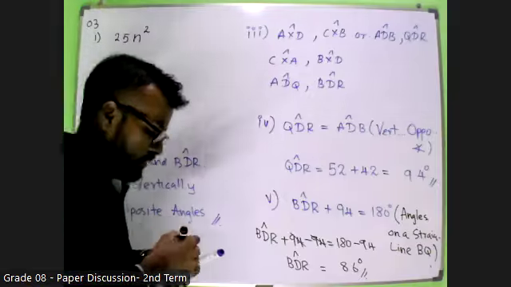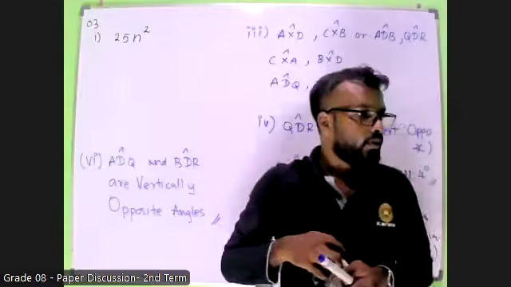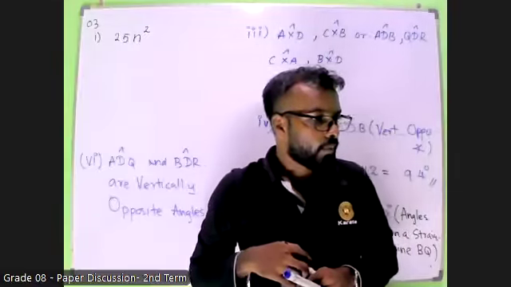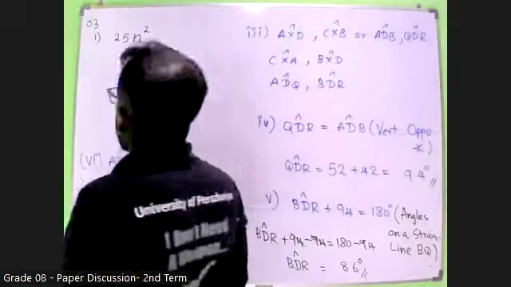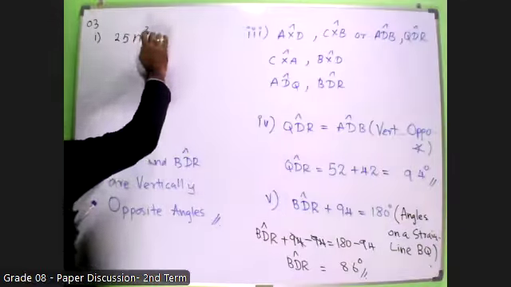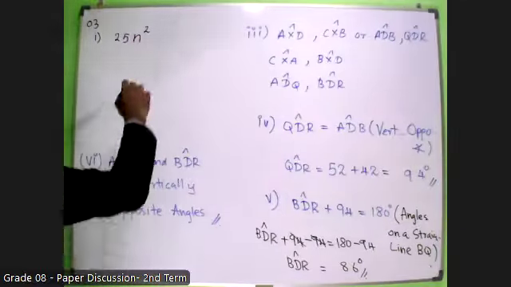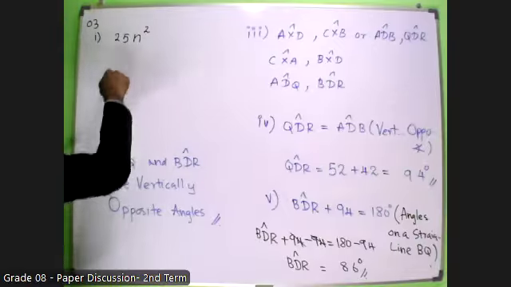What they are asking: write down 25 n to the power 2 as a product of powers. N to the power 2 is already a power, but 25 is not a power.